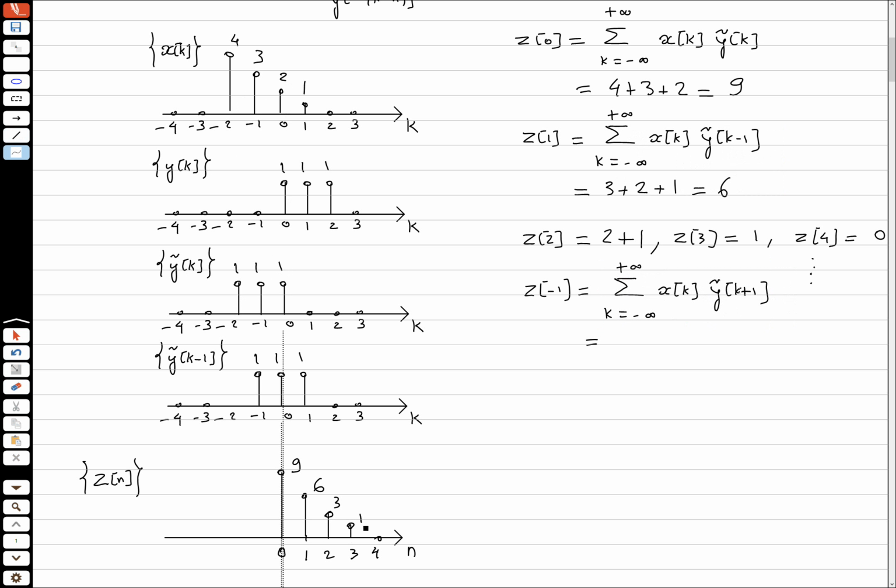And 0 minus 1 is going to be 4 plus 3, 7. 0 minus 2, you shift again, you find 4. 0 minus 3, you find 0.